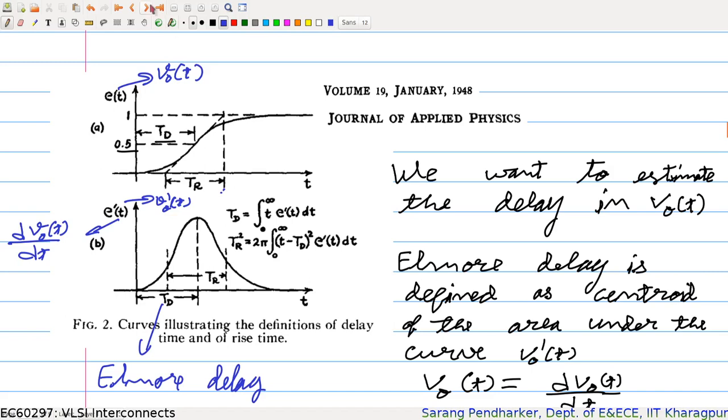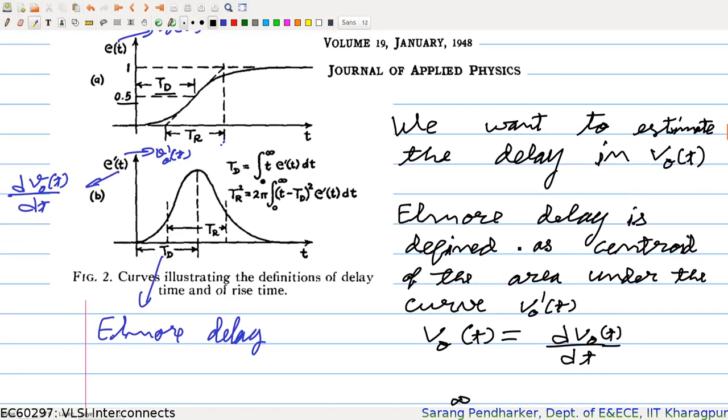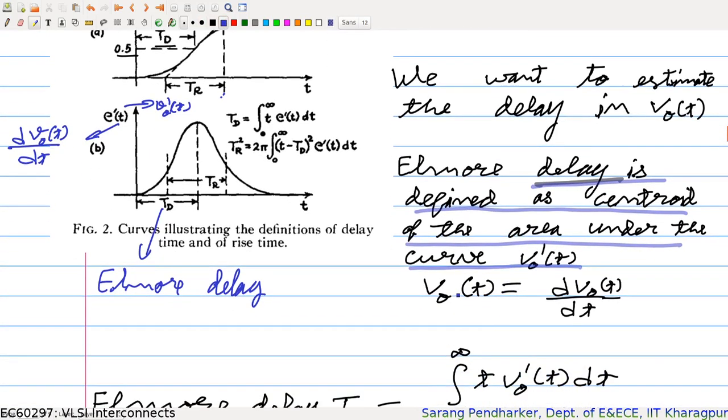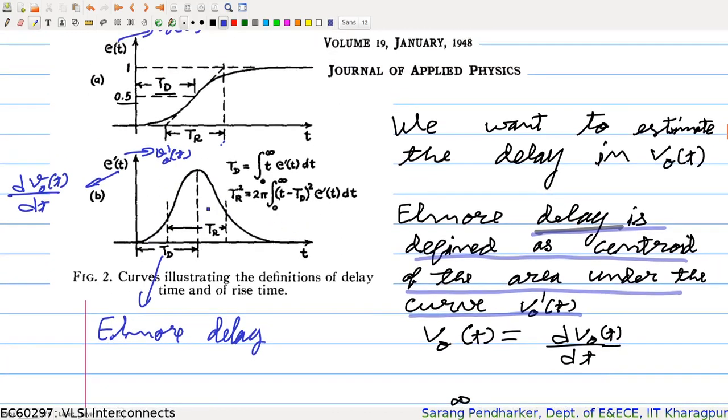Now he said that let us define a delay. Let us define a delay as the centroid of the area under the curve dV out by dt. So he said that this is my output, the differentiation of output voltage.